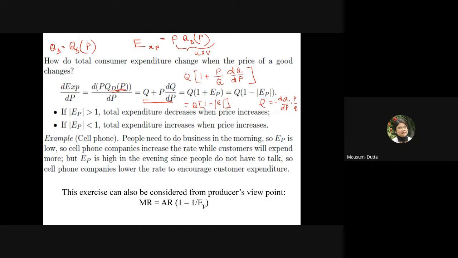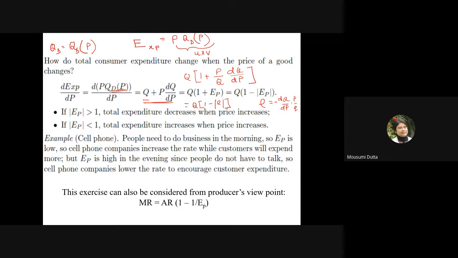Demand does not respond to price changes, so as price increases, expenditure increases. On the other hand, if the commodity demand is quite elastic, for a small change in price, demand will fall and expenditure will fall.